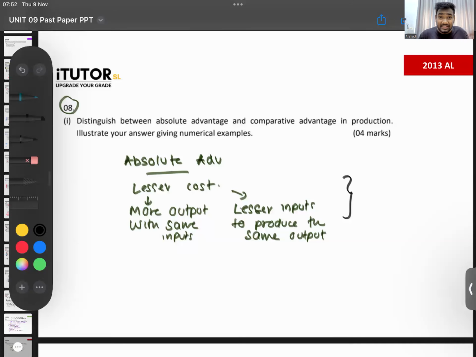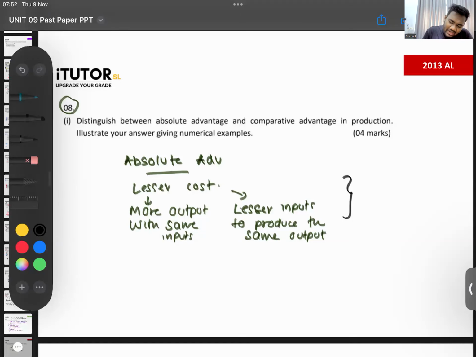Why? Because there can be certain instances where one country can have the absolute advantage for both the goods. In this situation, international trade cannot take place. So therefore, it's not really a complete theory. There are flaws, there are limitations.